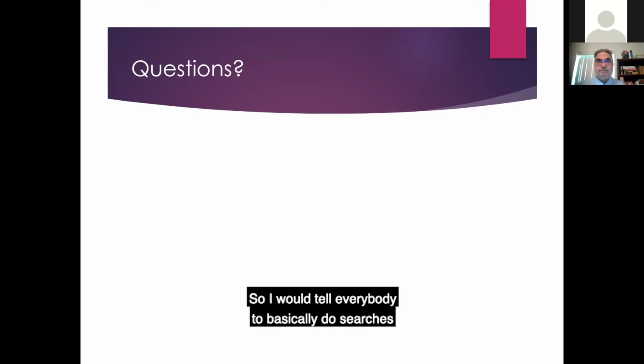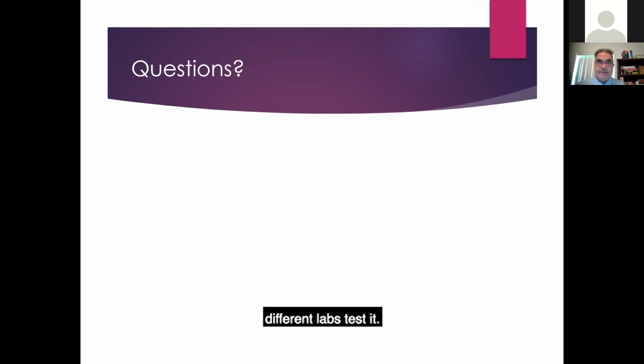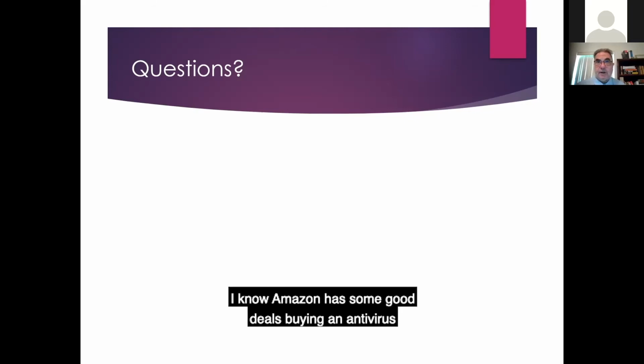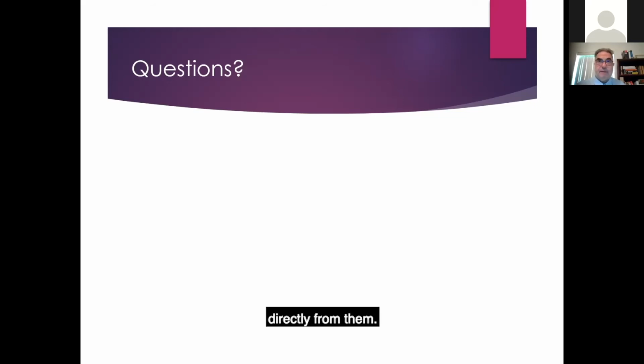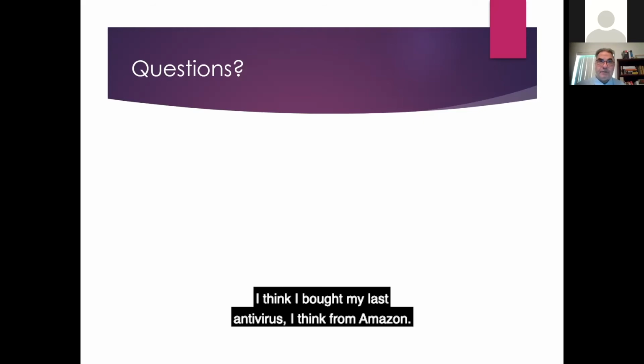So I would tell everybody to search for the best antivirus for 2021, research it, see what people say about it and what different labs test, and see if you can get a good price. I know Amazon has some good deals on antivirus, and they have reviews on the site too. I think I bought my last antivirus from Amazon.